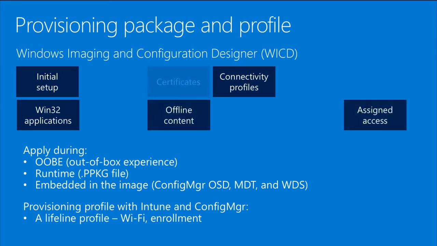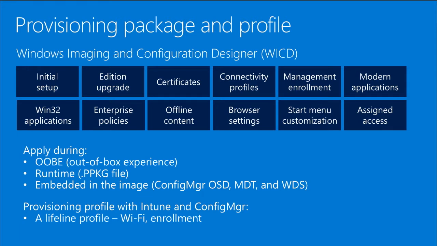So quickly about the provisioning package, this slide just gives you an example of some of the capabilities that come with the Windows Image and Configuration Designer around setup. One of the really cool ones, I think, is the edition upgrade model that lets you author a provisioning package and put in your key.